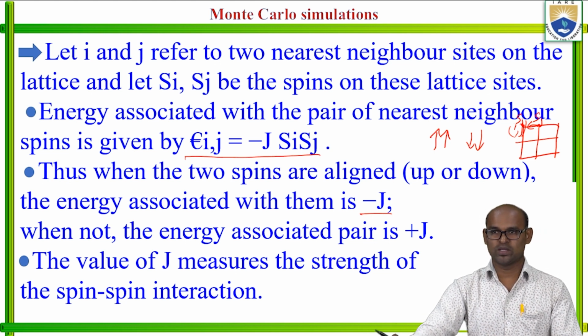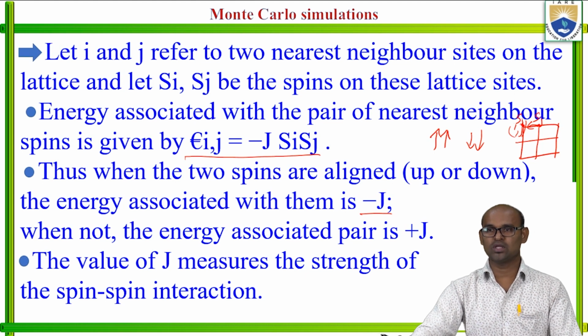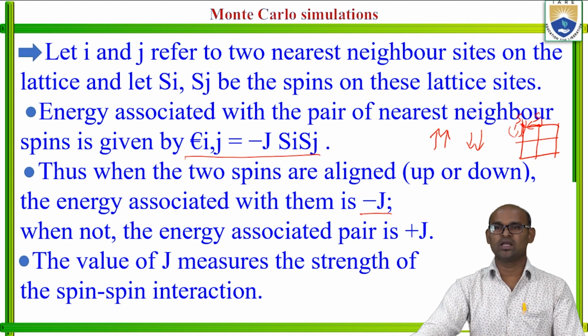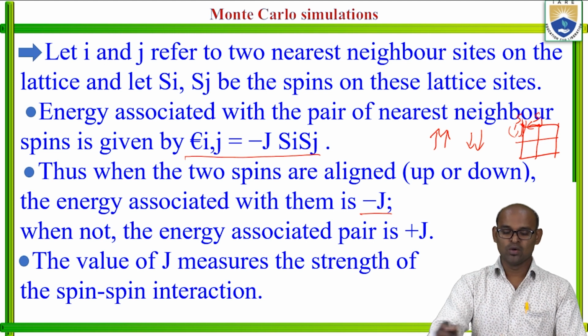So when the two neighboring spins are both aligned up or both aligned down, the energy associated with them is -J.